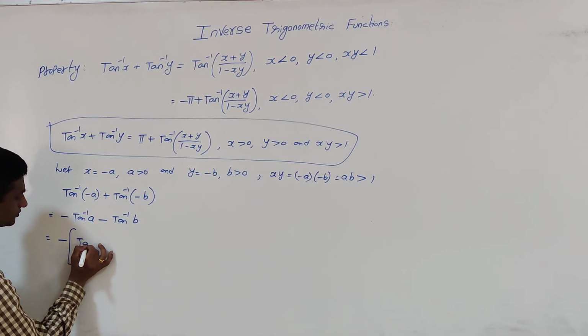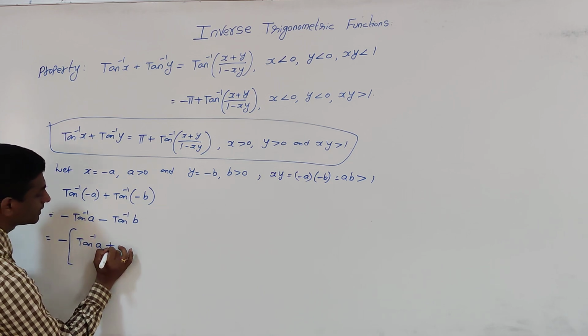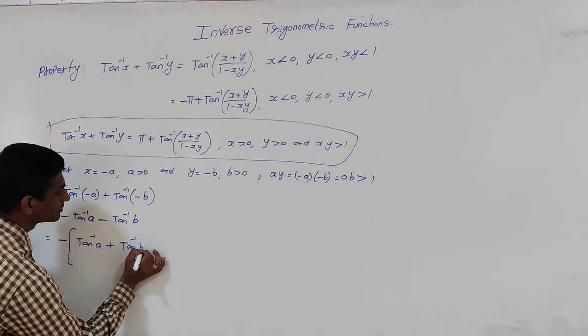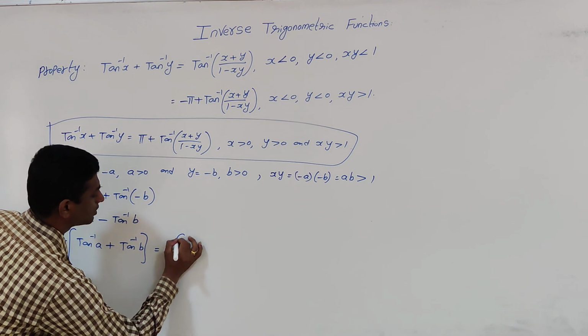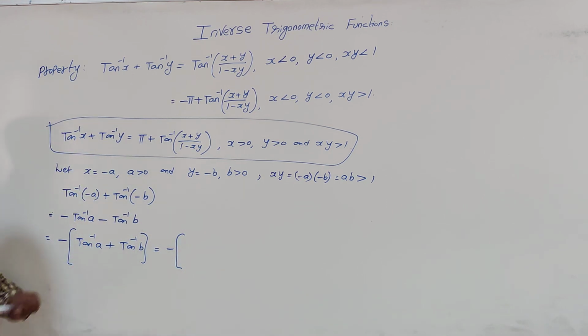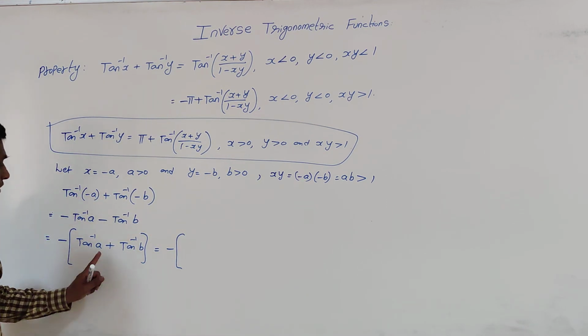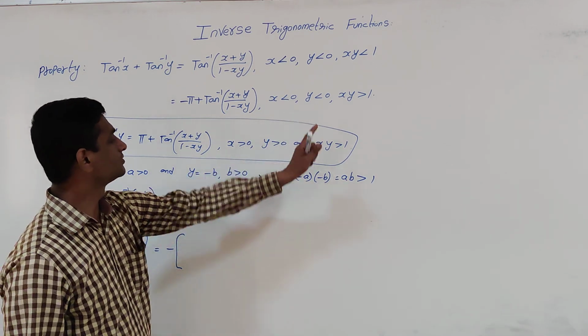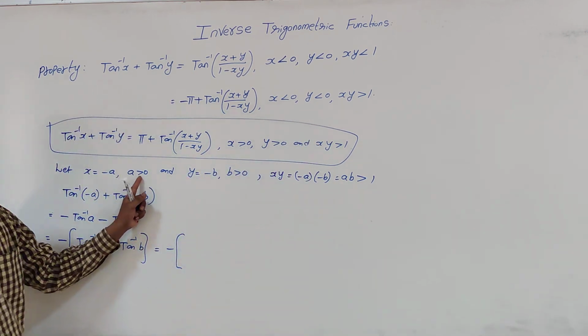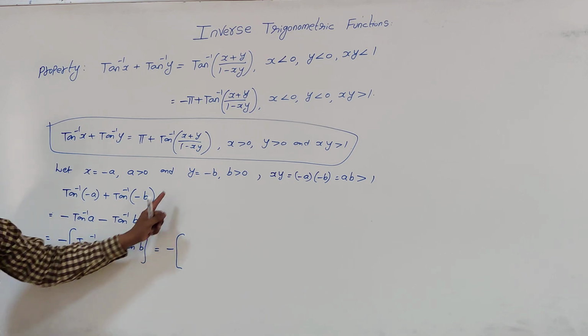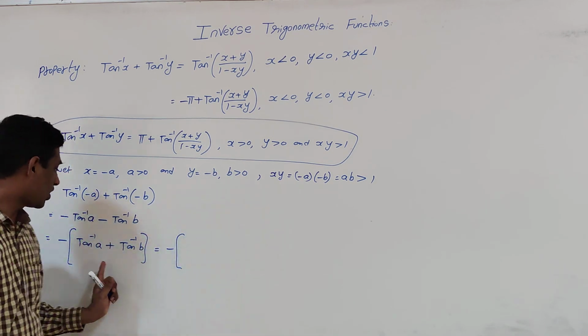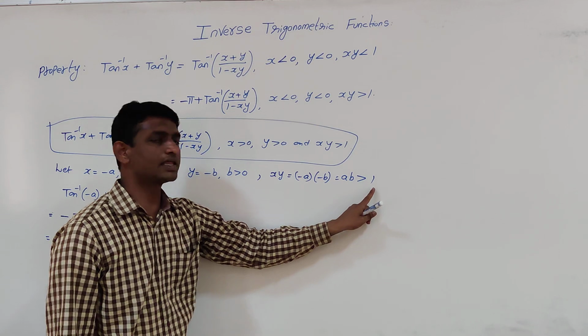So minus common, it will be minus of tan inverse of a plus tan inverse of b. So what is a? a is positive, b is positive, and the product ab is also greater than 1.